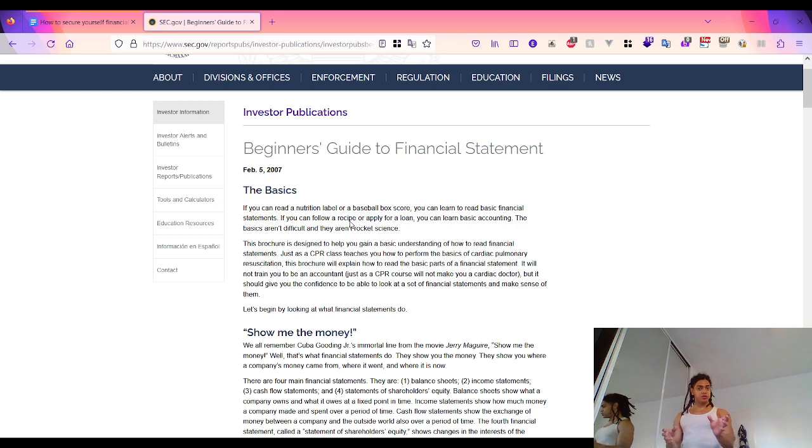Sometimes you may find all of the company's assets listed on the left side, whereas the liabilities and the shareholders' equity are on the right side, or all of the company's assets listed on top, followed by the liabilities and the shareholders' equity. And the assets are generally listed based on how quickly they can be converted into cash.